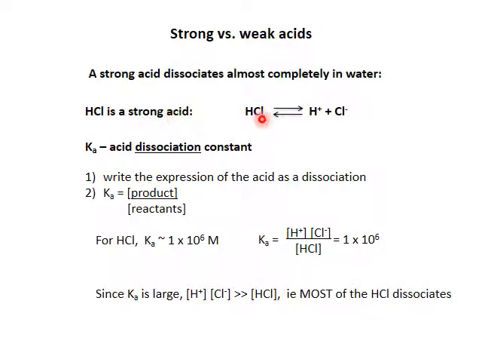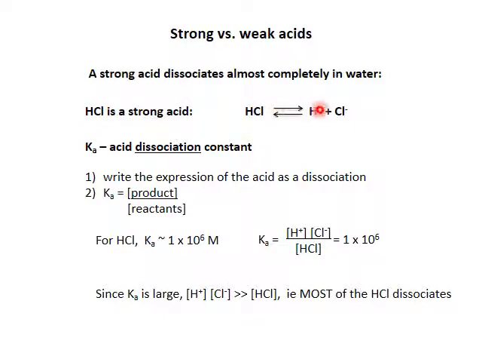So take a strong acid like HCl, where you take hydrogen chloride gas and bubble it through water, and you'll end up getting hydrochloric acid, and that dissociates into protons and chloride ion, and so it's a very strong acid.